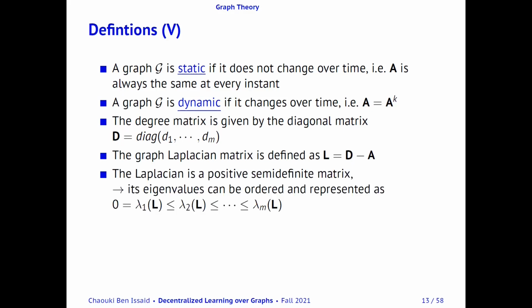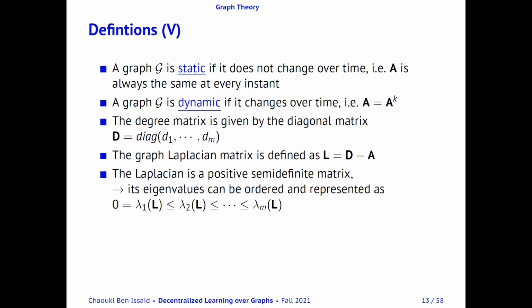L is a positive semi-definite matrix, and its eigenvalues can be ordered and represented as follows: lambda 1 less than or equal to lambda 2 up to lambda m, where it can be shown that lambda 1 is equal to 0.